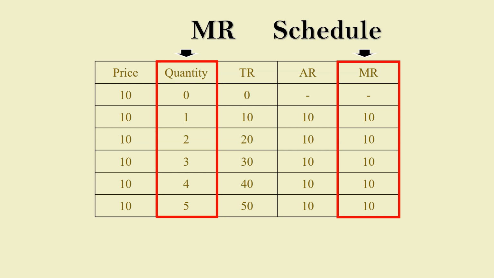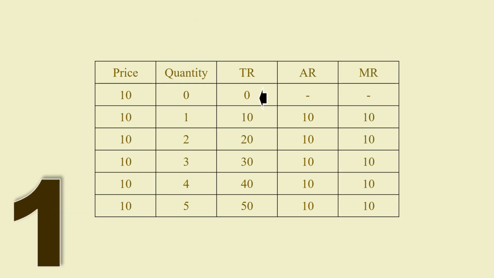Our conclusions are: total revenue increases when more quantity is sold. It increases at a constant rate. Here, the rate of increase is 10. When quantity increases from 1 unit to 2 units, the total revenue increases from 10 rupees to 20 rupees.